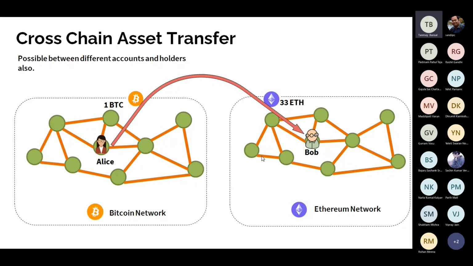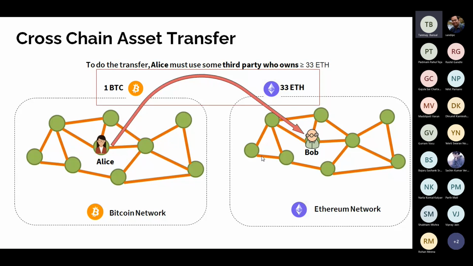In the first case, when Alice was transferring to herself, if it did not get transferred for some reason, it would still be with her. But when it is transferred to another person, it's important that it is done in a way that if something goes wrong, Alice will be able to recover her money. So this is a typical example of cross-chain asset transfer, which is of importance for such permissionless public blockchains.